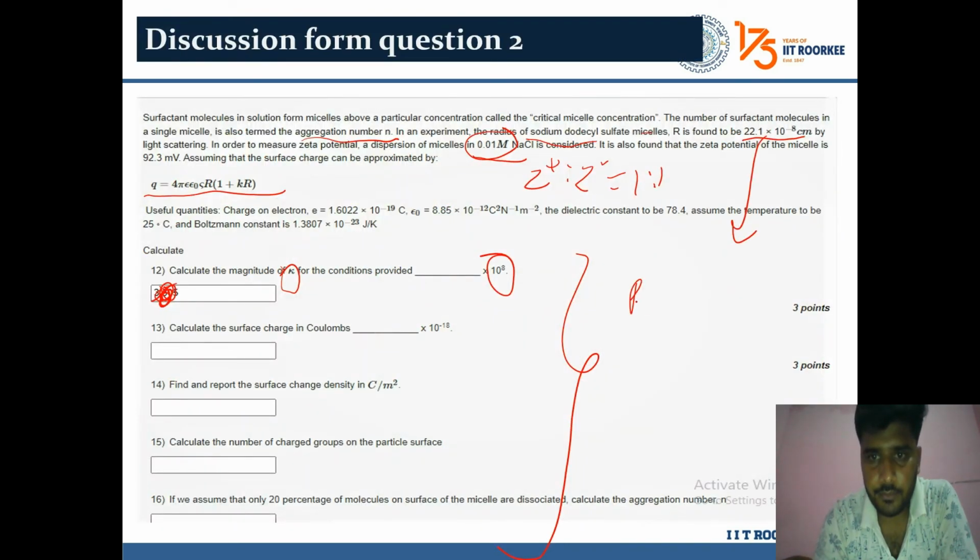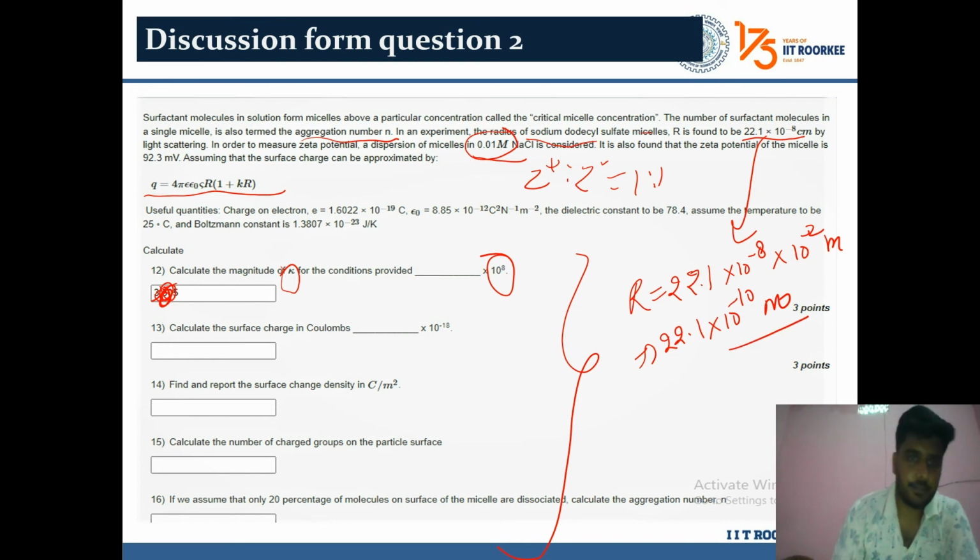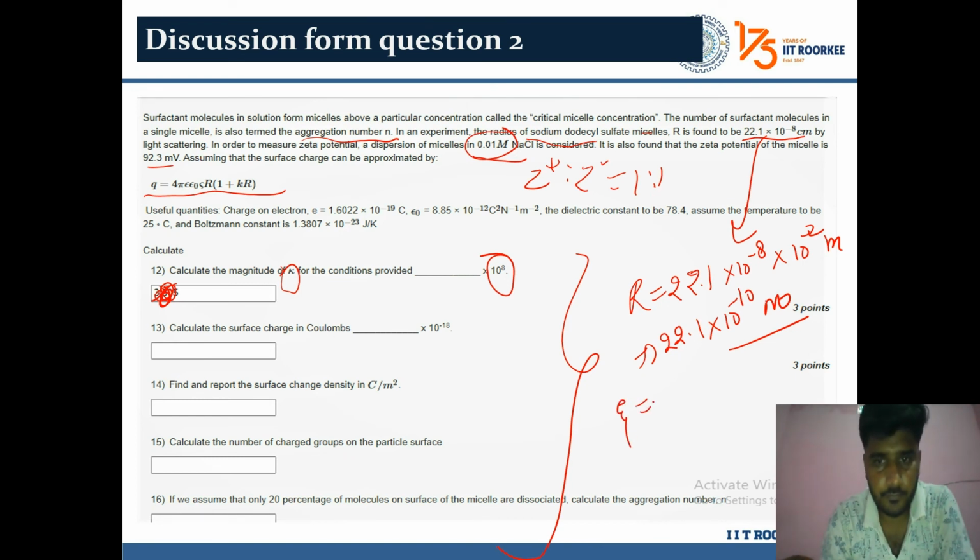Before putting in the values, you have to convert the radius into meters. You will be getting 22.1 times 10 raised to minus 10 meter. Similarly for the zeta potential, 92.3 millivolt, you have to convert it into volts by multiplying by 10 to the minus 3.